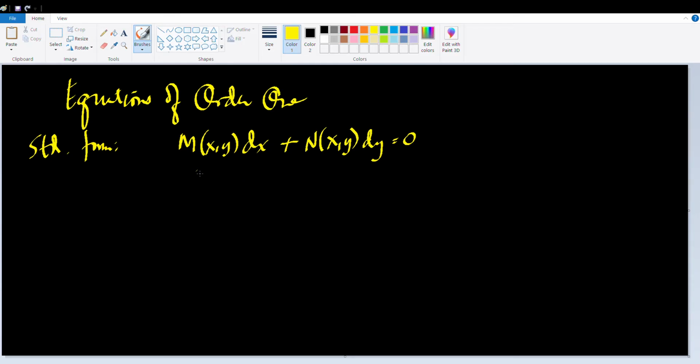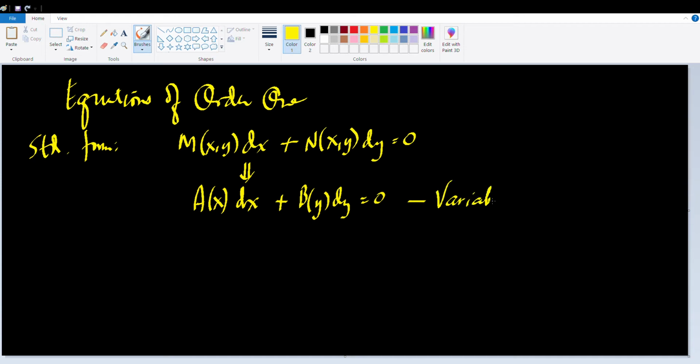So if you are given this equation and you can turn this into an equation wherein you have a pure function of x, dx, plus a pure function of y, dy, equal to 0, then we say that the variables are separable.